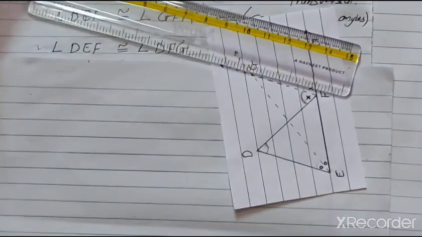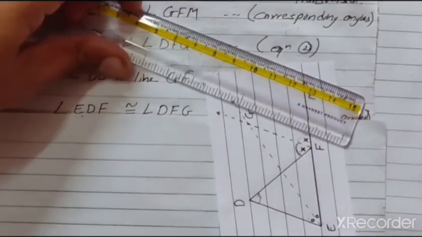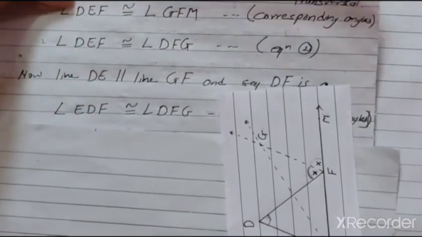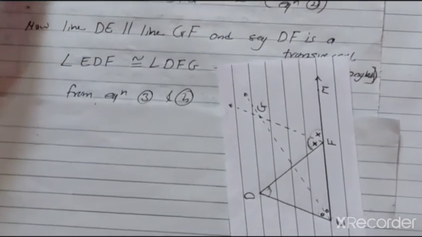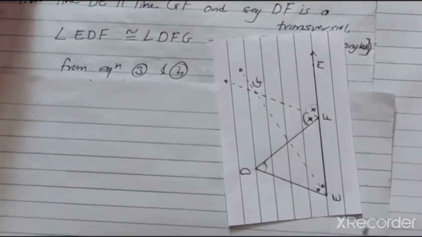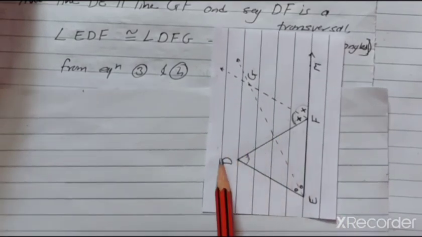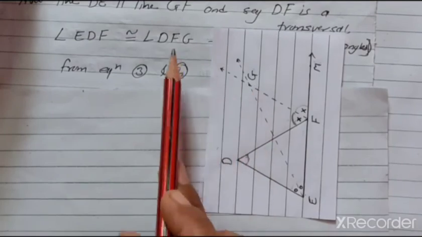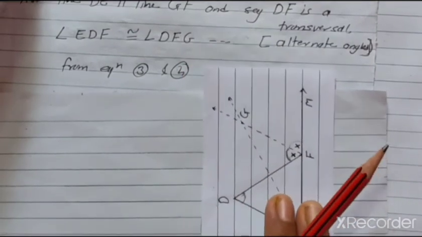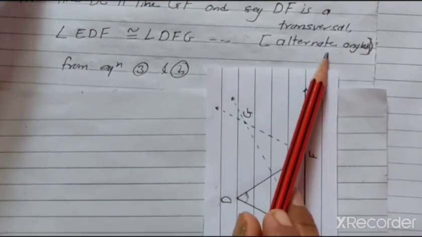So here I write down DF is their transversal, therefore the first angle is EDF and the second is DFG. Both angles are congruent because both are interior alternate angles.